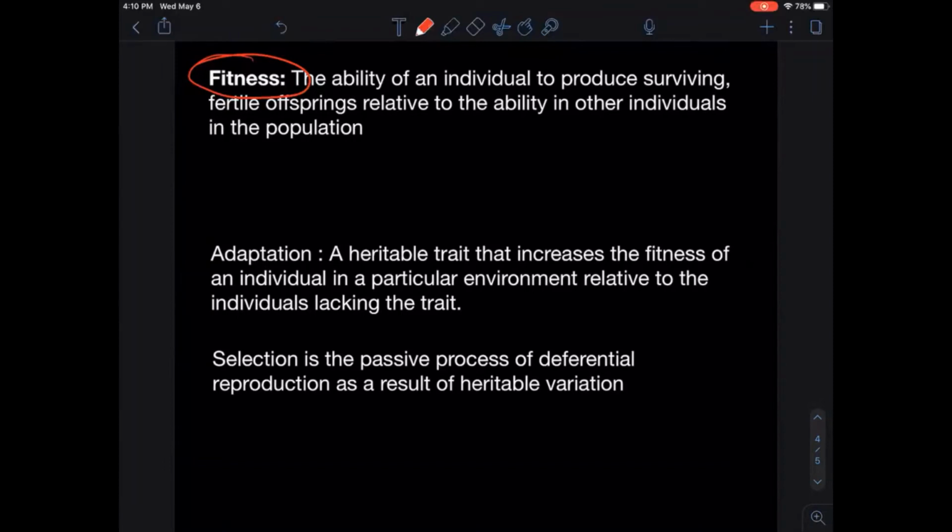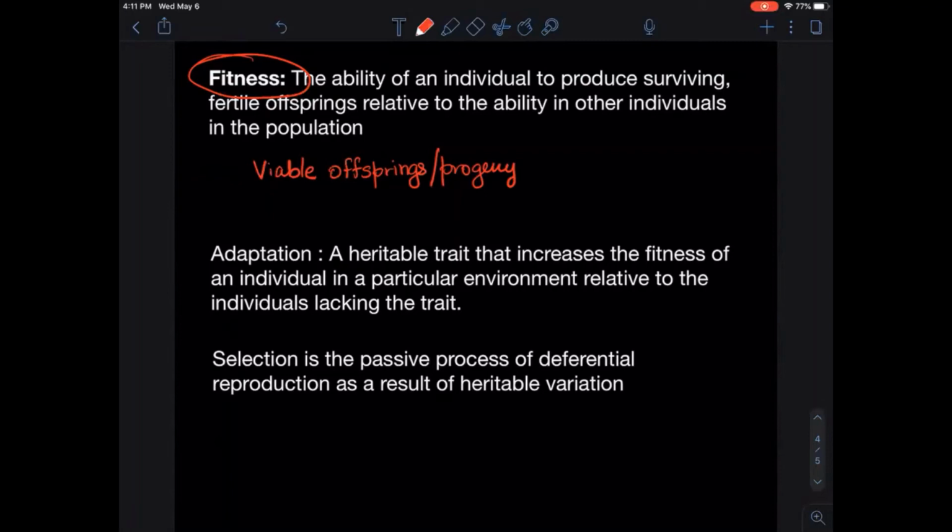This means that an organism that is able to mate more and produce more viable offsprings or progeny will be able to further its genes into the next generation. Therefore, an organism which can do this is considered fitter than an organism that is not able to do this.